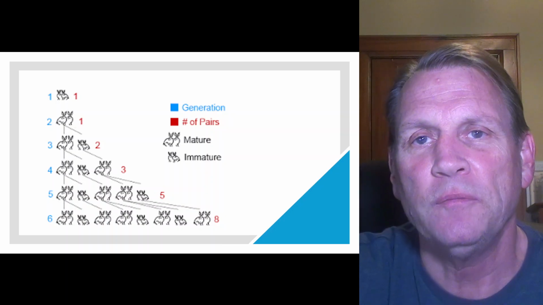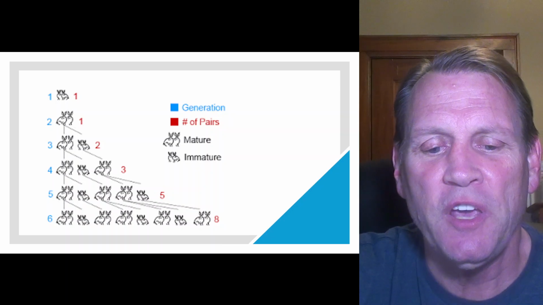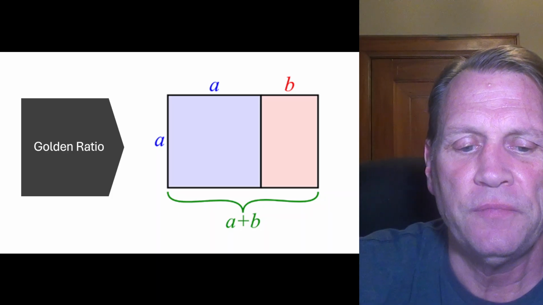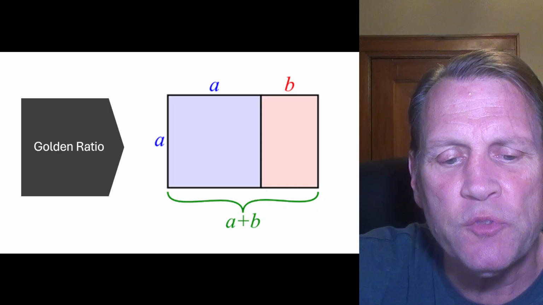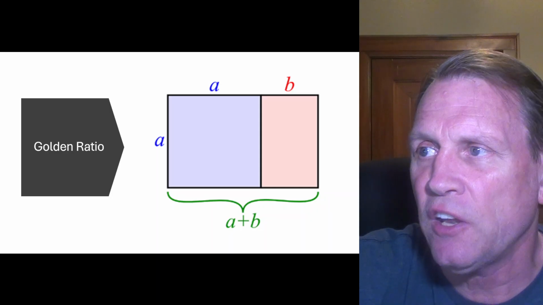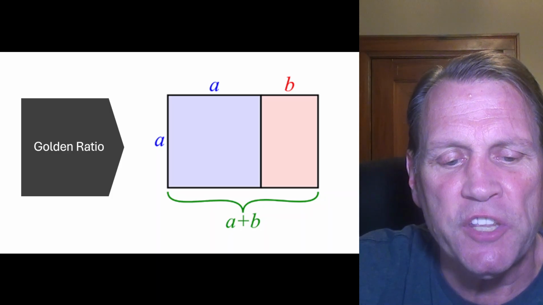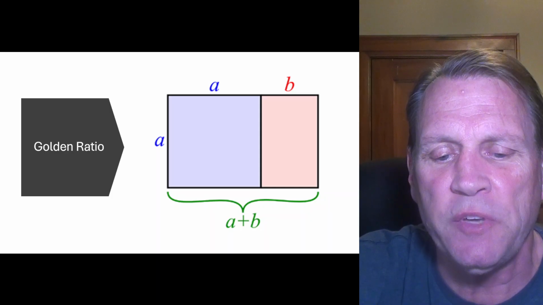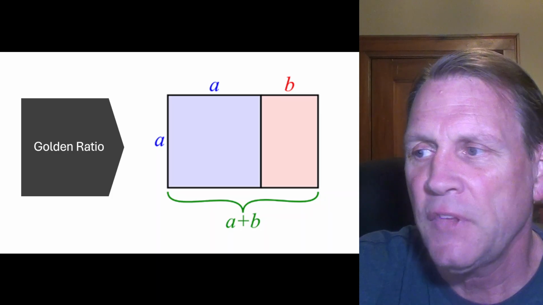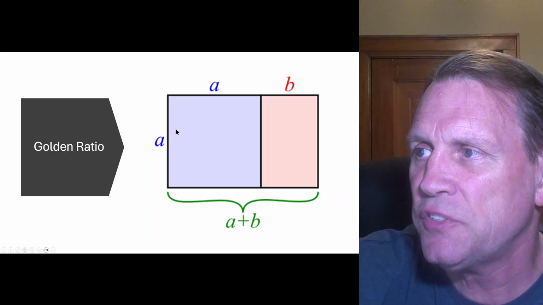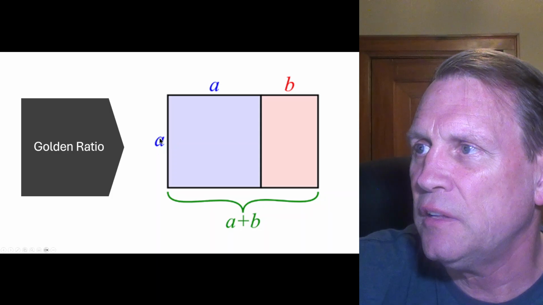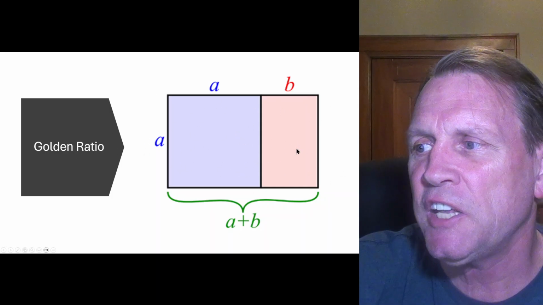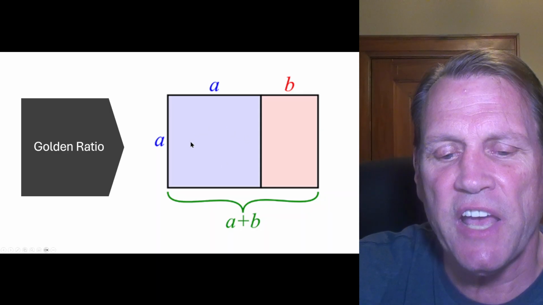And yet there's even more, because there's a special relationship between Fibonacci numbers and something called the golden ratio. The golden ratio describes when a line is divided into 2 parts, and the longer part, A, divided by the smaller part, B, is also equal to the sum of A plus B divided by A. This is sometimes referred to as the golden rectangle, and it expresses the golden ratio in exactly this fashion.